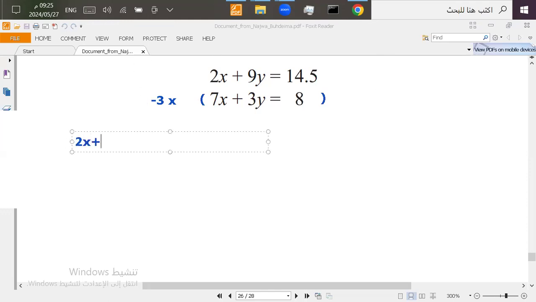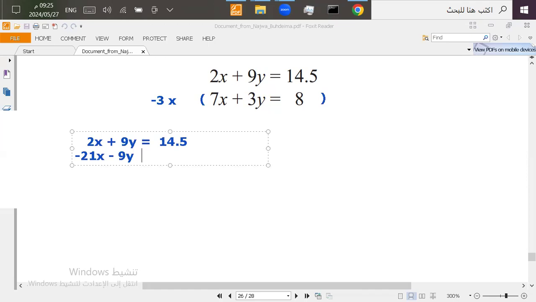Now let's write the equations again. So 2x plus 9y equals 14.5. Second equation, so when we multiply, this one's going to be -21x, and then -9y.